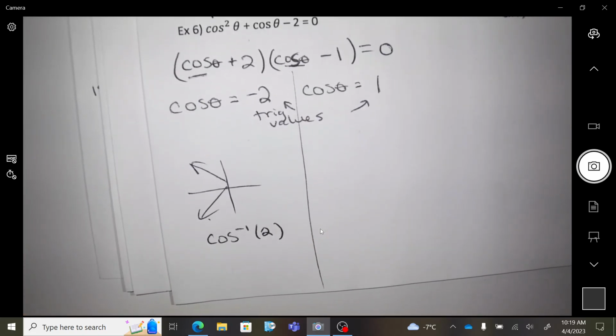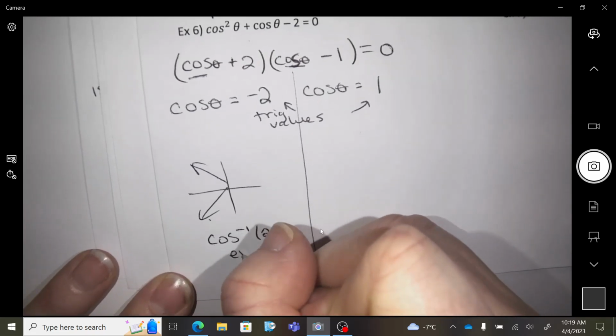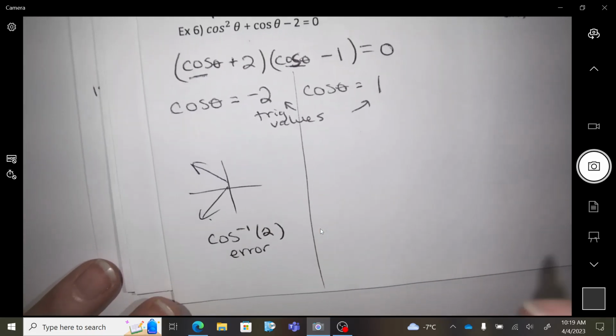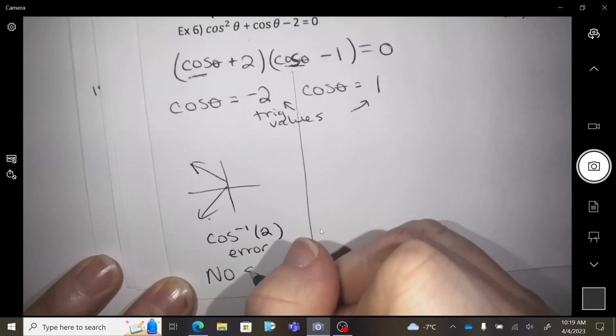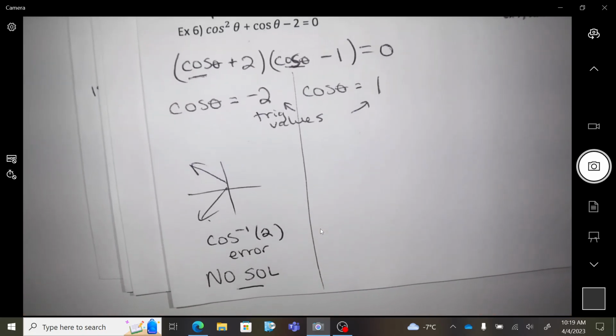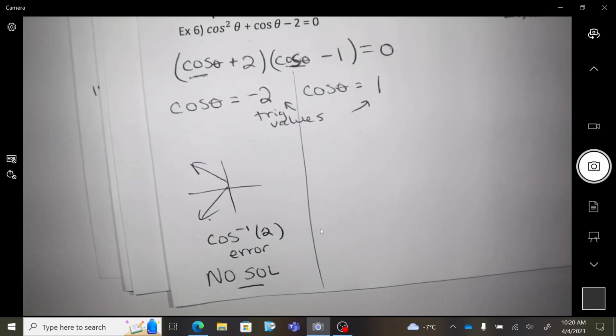Positive 2. The negative is in the drawing, the location. Is your calculator telling you that there's an error? So there's no solution. And that is accurate. Because cosine trig values are not allowed to be outside of -1 and 1.